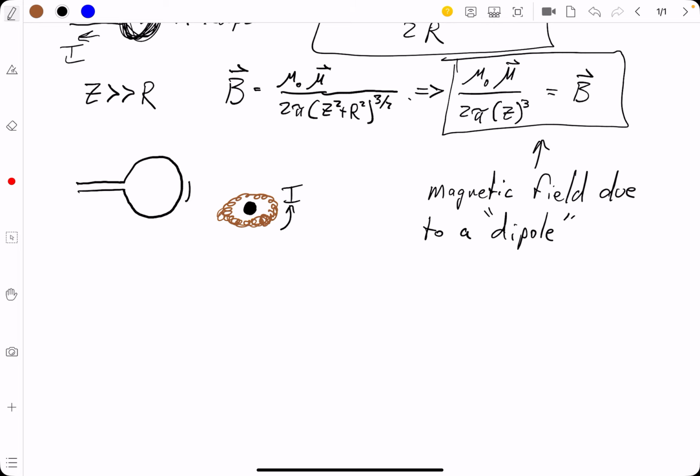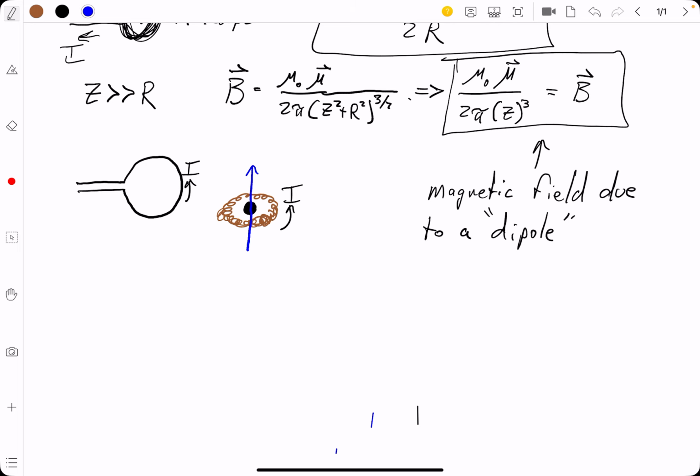It's the same thing. We've got the current going in this direction. So what does that give us? That gives us some magnetic field like this, okay? So this would be what we would call our magnetic moment.